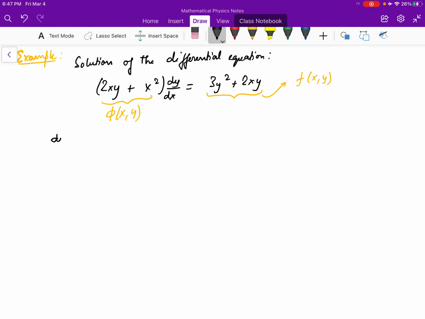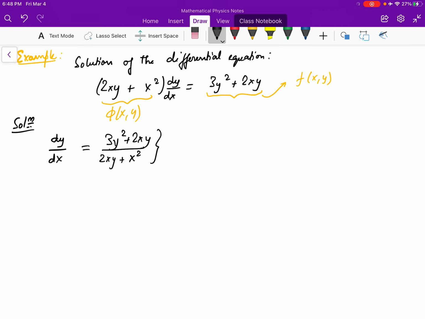So we have dy, and this is the solution essentially. You can pause the video at this point and try to solve this problem, but just for the sake of time, I'll do it and show you how these equations are solved. So we have dy by dx equal to, if we bring the left hand side to the denominator, 2xy plus x squared.